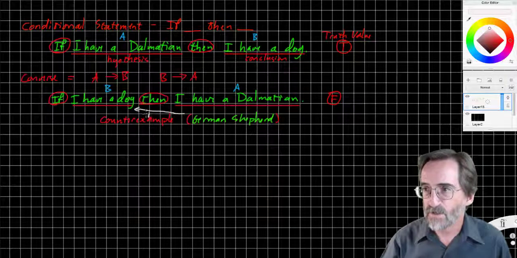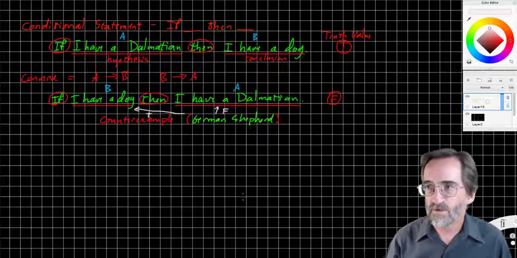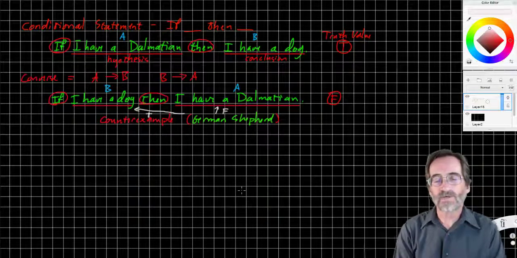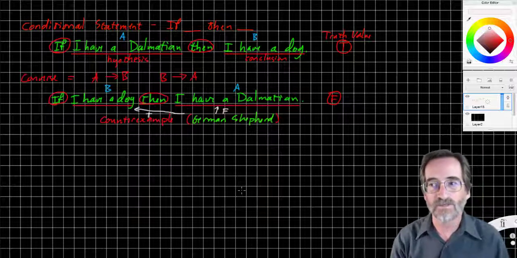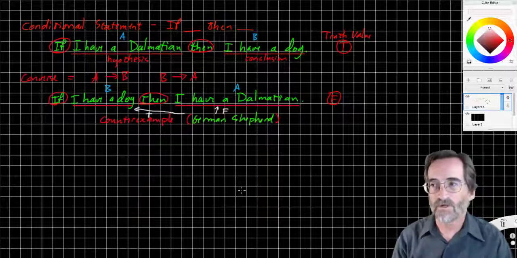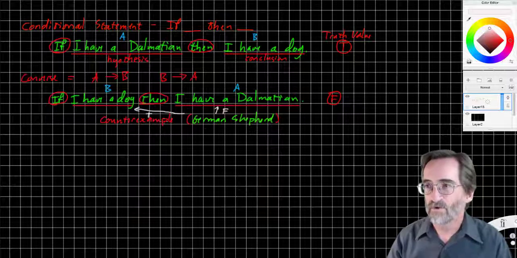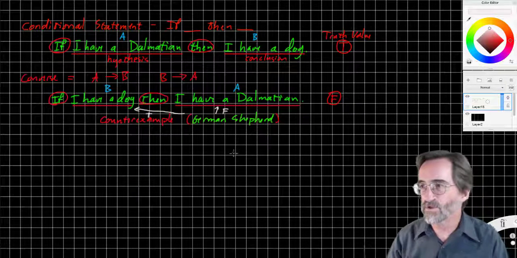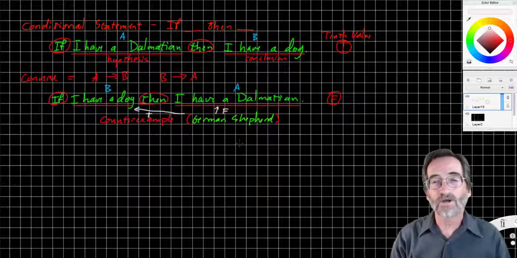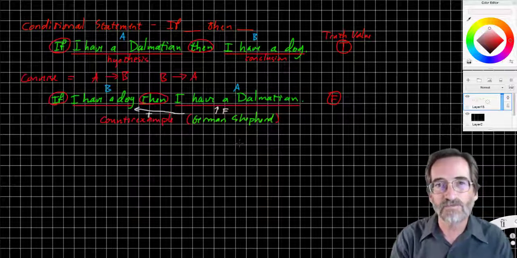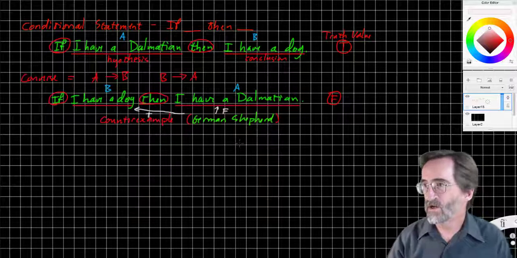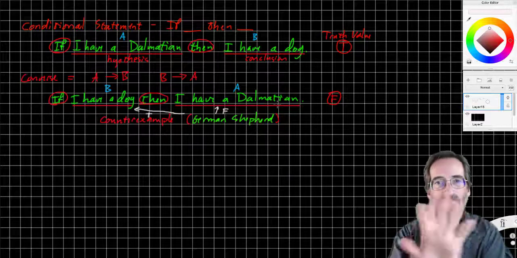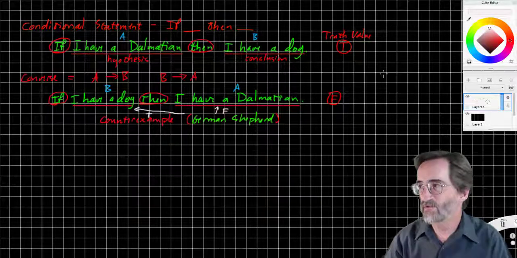It meets the condition, but it does not meet the conclusion. It makes the conclusion false. So a counterexample is an example that meets the conditions of the hypothesis, but does not meet the conditions of the conclusion. The hypothesis is true, but the conclusion is false. That's a counterexample. And it only takes one counterexample to prove a statement false. Right? So that's the converse. The converse, A implies B, switches to B implies A.